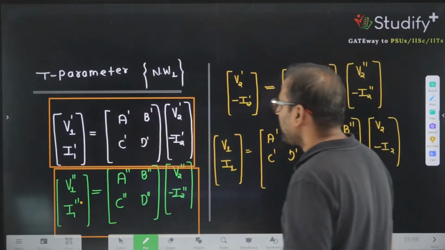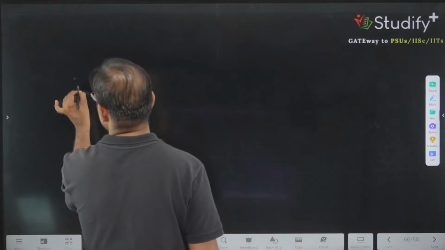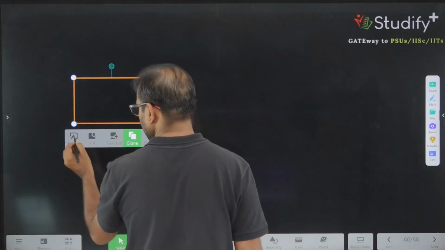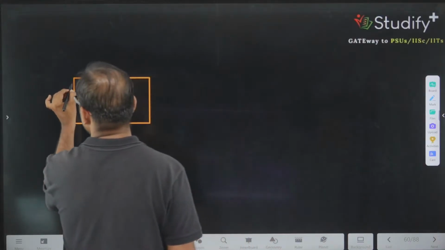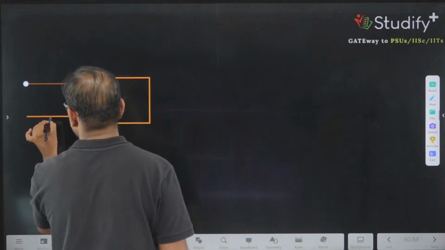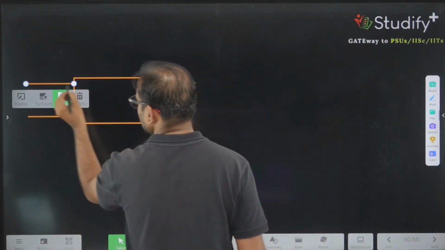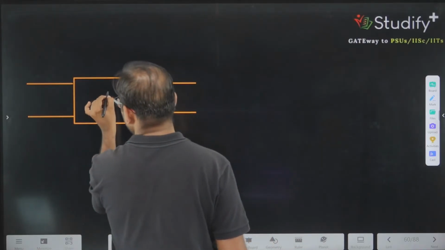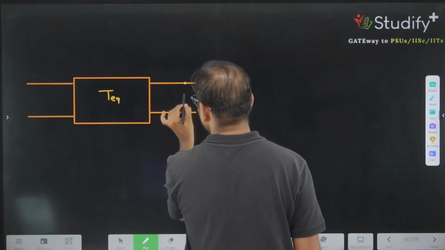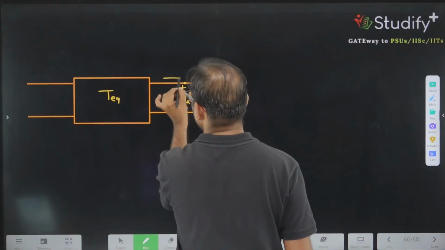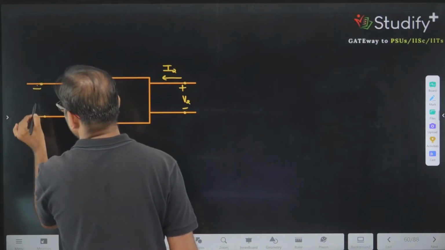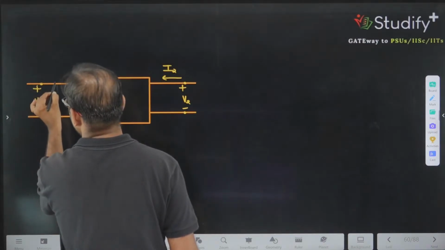So if I represent my whole system like this, and here I am writing a T equivalent, this value is V2, this value is I2, this value I am writing as V1 and this value is I1.